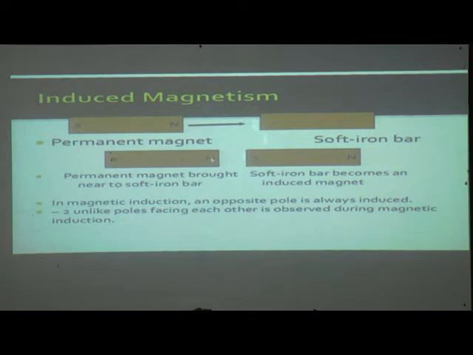It means when this is a soft iron bar, it is not having any pole, but when it changes into an induced magnet, it will show exactly opposite poles to this permanent magnet. So the north pole end we brought to the soft iron bar. It means whatever end is towards this magnet is going to convert into a south pole. So that is given here, and opposite pole is always induced. So always two opposite poles will be observed during the magnetic induction.